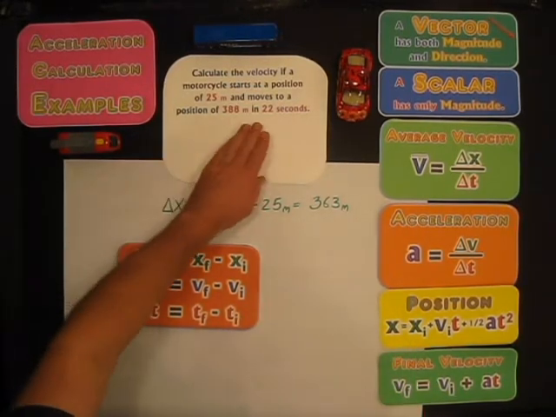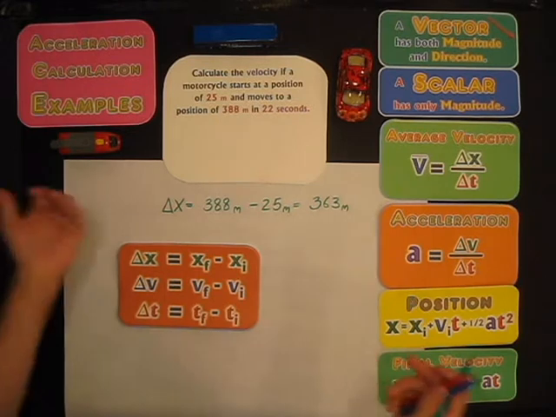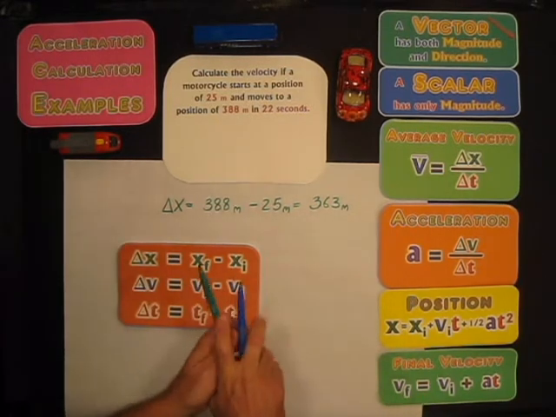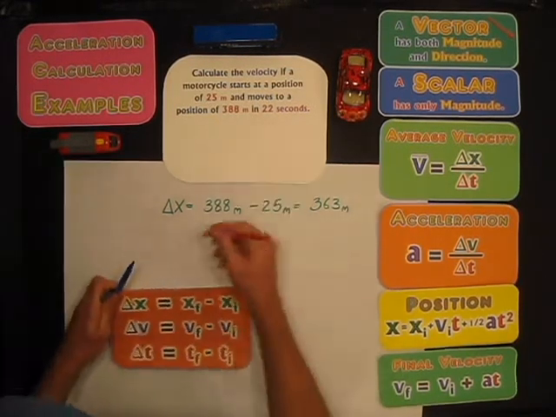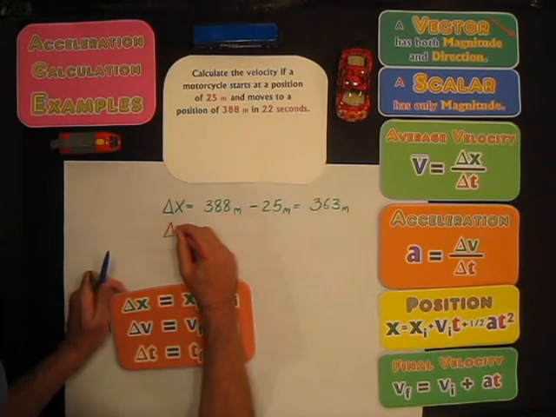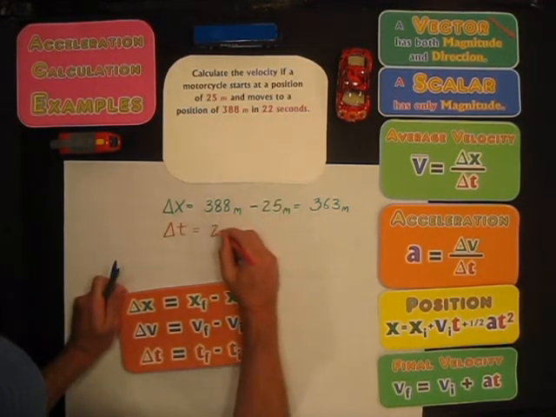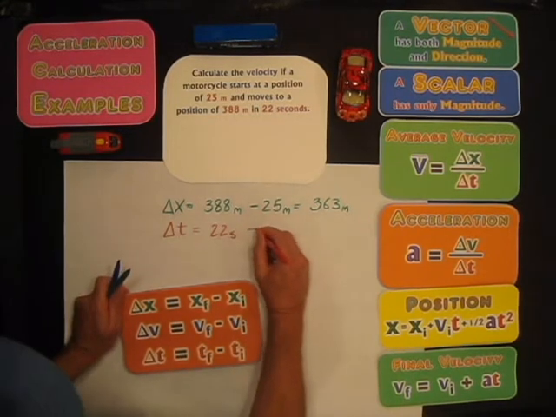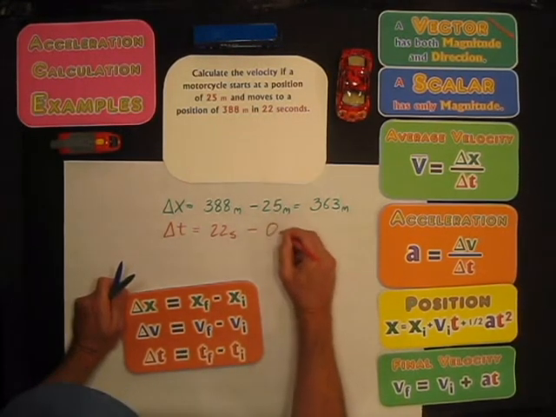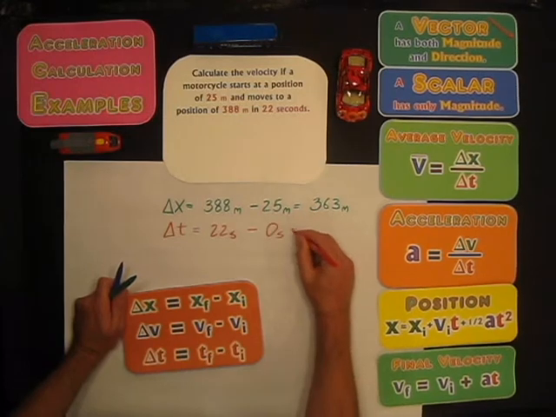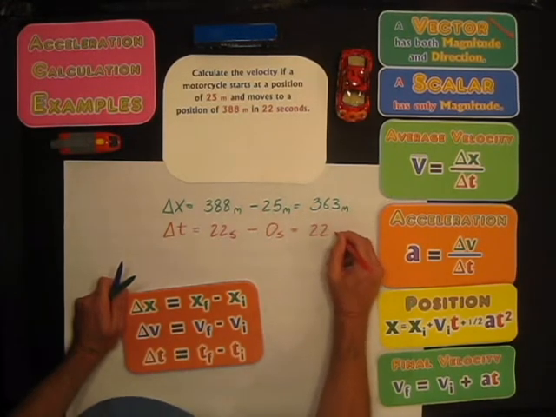It doesn't really tell us that, but we might as well assume that we're starting at 0. It makes it easier for us. So then we've got delta t, because delta t is equal to final time, 22 seconds, minus initial time, which is going to be 0 seconds. It's not even listed here. And that, of course, equals 22 seconds.